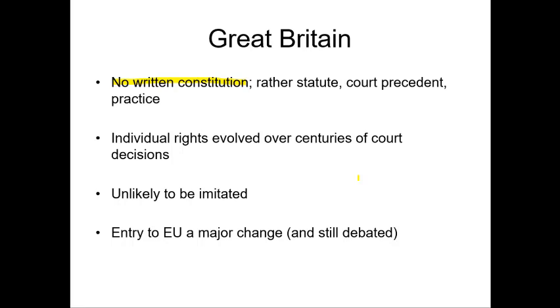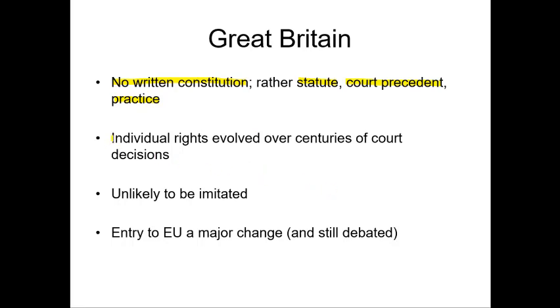So therefore, we are a product of that. So it took a long time to evolve and never had a written constitution. So therefore, it's based on statutes, court precedents, and practice of what happens in the system.